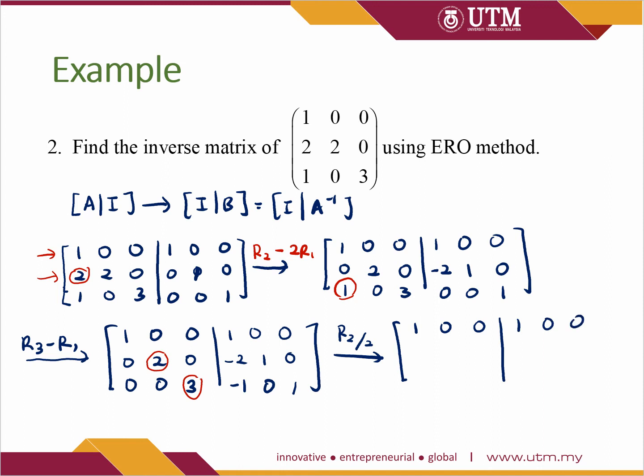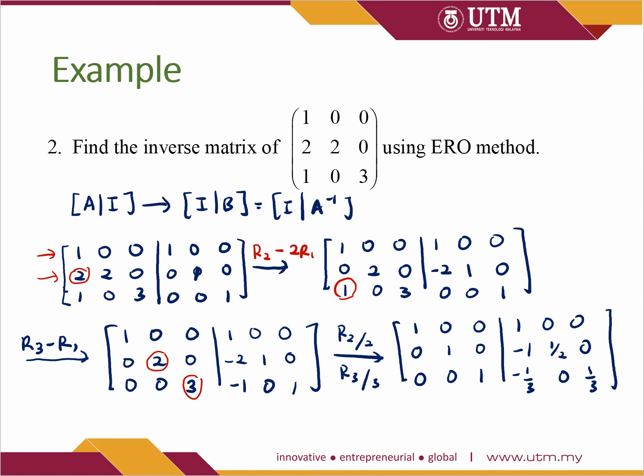And then for the second row, divide by 2. So here we have 0, 1, 0, negative 1, half, and 0. And the third row must be divided by 3 so that we get 1. So here we have 0, 0, 1, negative 1/3, 0, 1/3.